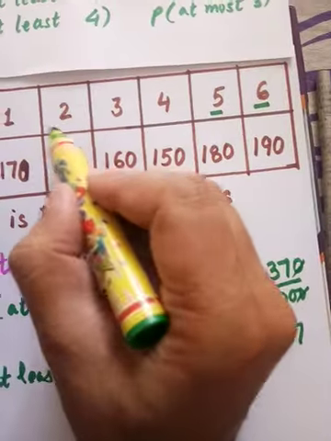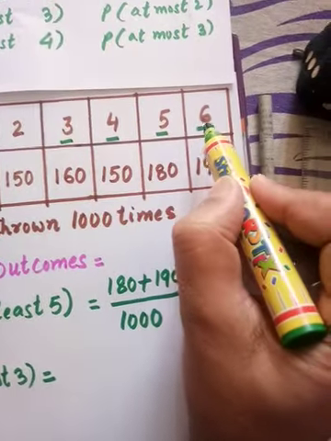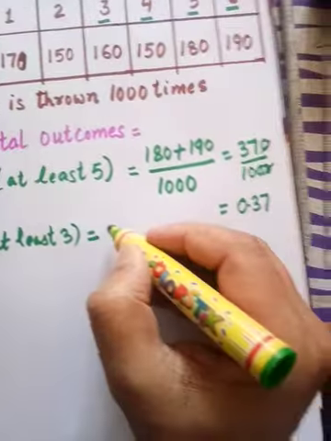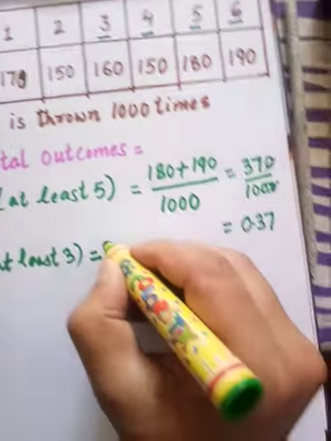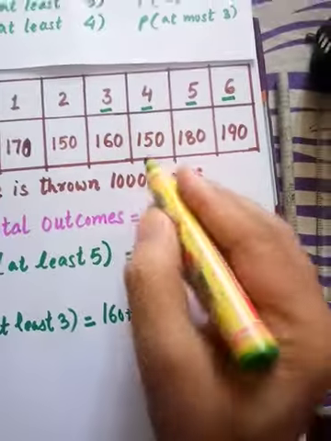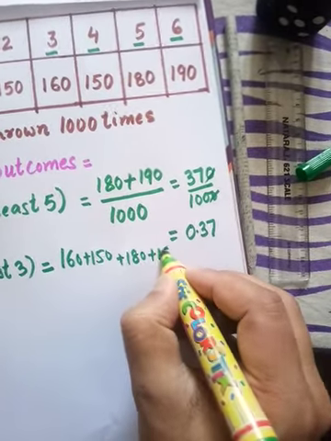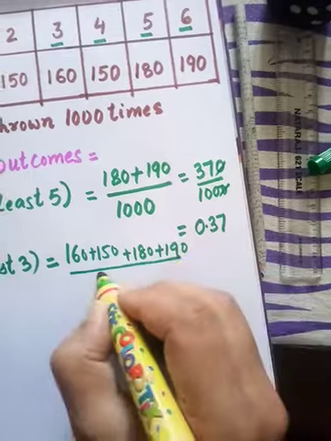So I can consider 3, 4, 5 and 6. I will have favorable outcomes here as 160 plus 150 plus 180 plus 190 upon 1000.